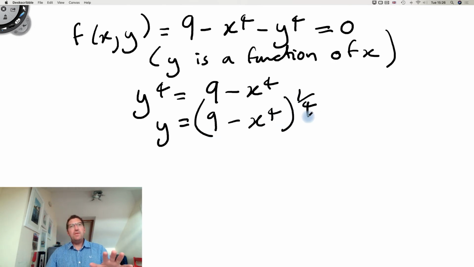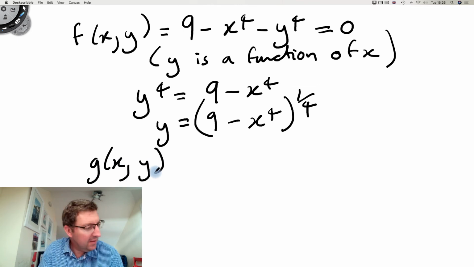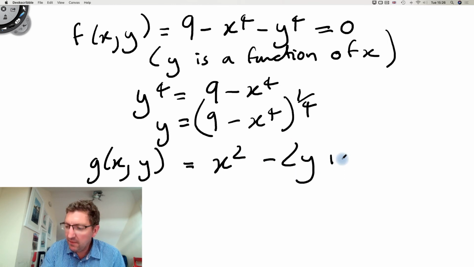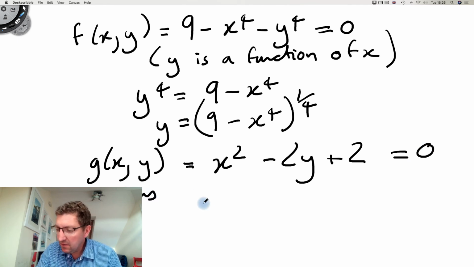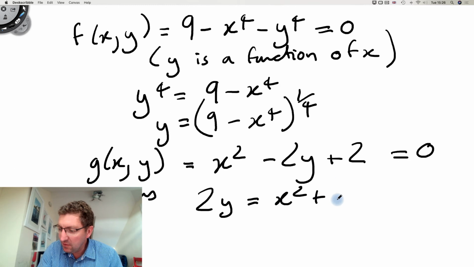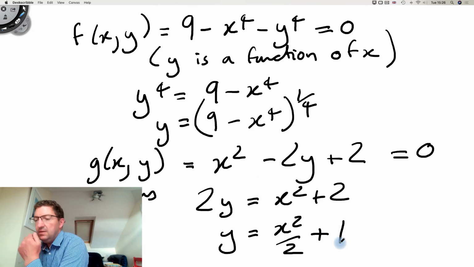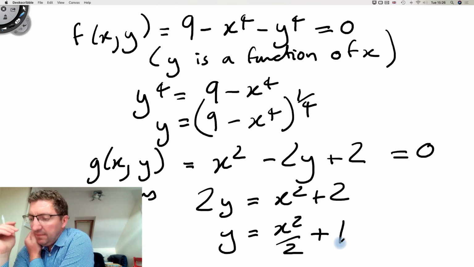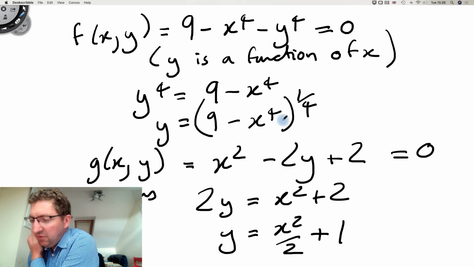So f of x and y doesn't mean a single value, it means a function. I mentioned that last time. And g of x of y equals 0 is x squared minus 2y plus 2 equals 0, which means 2y equals x squared plus 2, or y equals x squared on 2 plus 1. So one is a power of 4 relationship with x to the 4 in there, and the other is a quadratic.